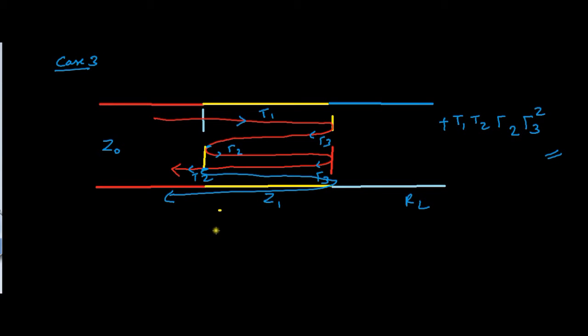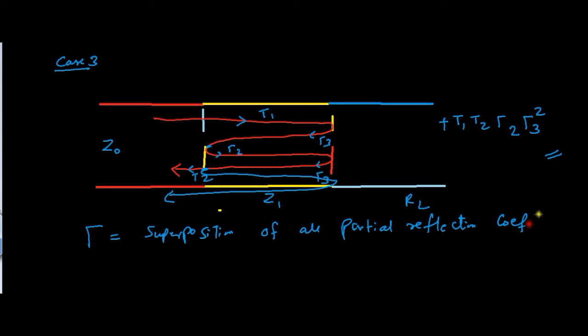Now we are interested in finding the total reflection coefficient. That will be nothing but the superposition of all partial reflection coefficients, which is what we have found in case 1, case 2 and case 3.